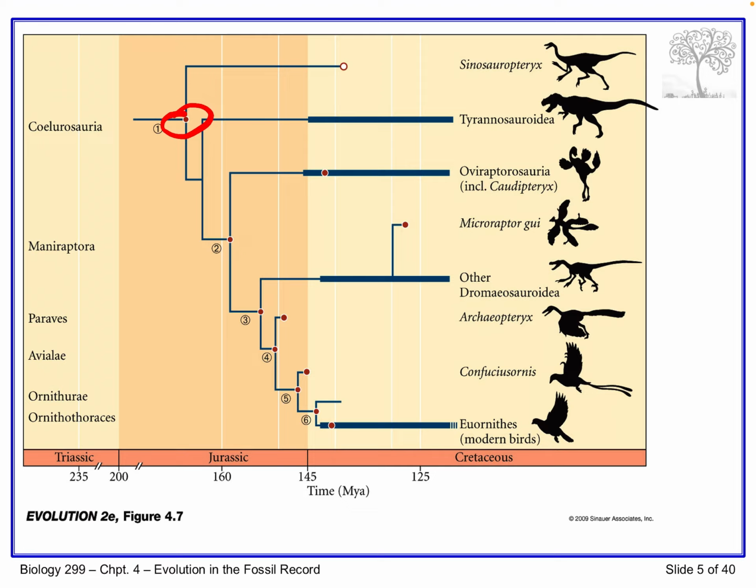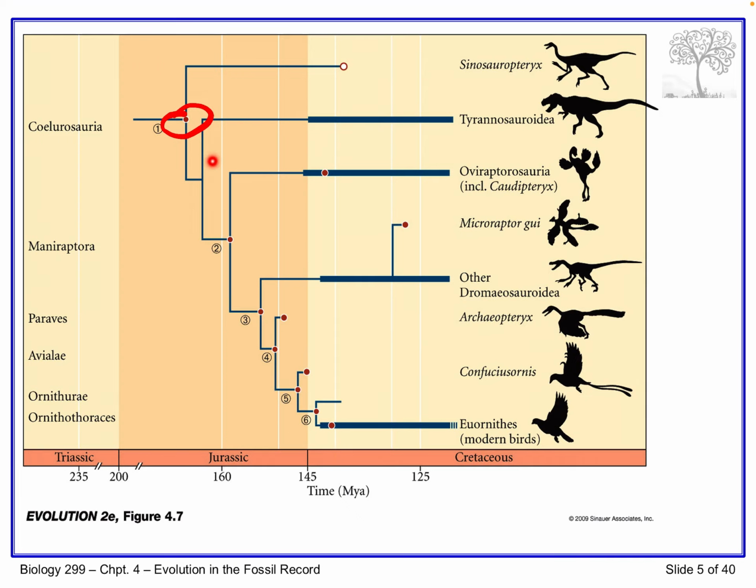You're looking at character states, comparing between organisms, and then mapping those onto an evolutionary tree like this, a phylogenetic tree, using parsimony. Now, we talked about parsimony in the last chapter. Parsimony is the process whereby if you are confronted with multiple hypotheses or explanations for something, you pick the one that's the simplest, because that one's most likely. That's parsimony.